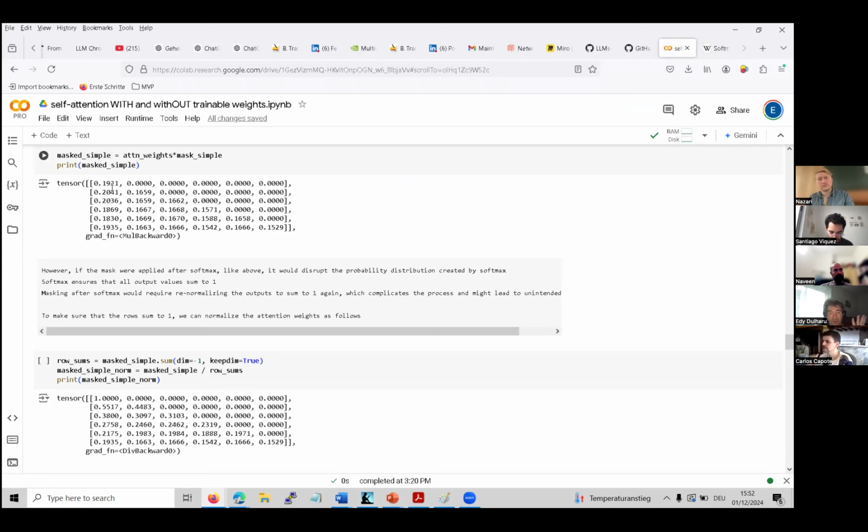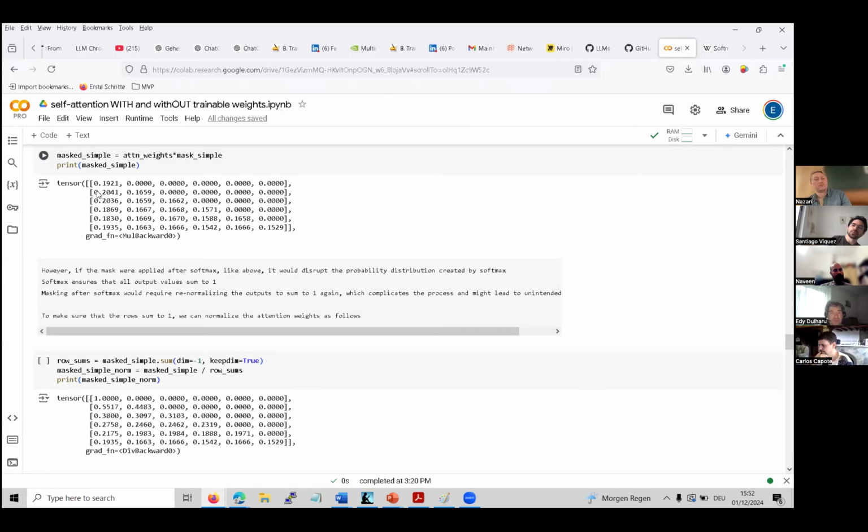So even if I zero out all the future tokens, this does not mean that we get rid of the influence of the future tokens. When I apply this normalization, the future tokens already influenced the initial values.